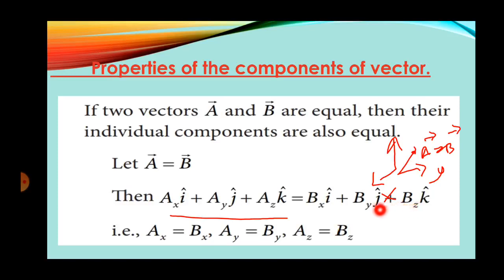Now write the individual components of the vectors. So Ax is equal to Bx along the x component only. This is the y component, Ay is equal to By, Az is equal to Bz. Are you clear, children? Okay.